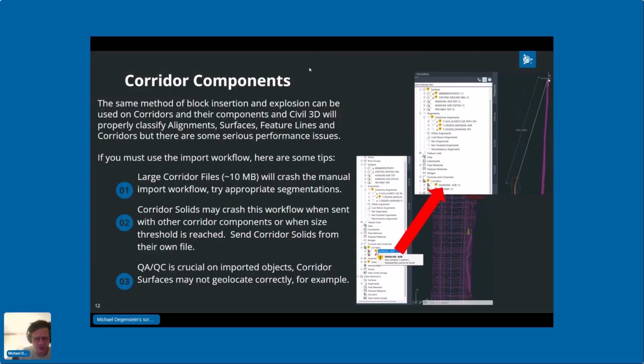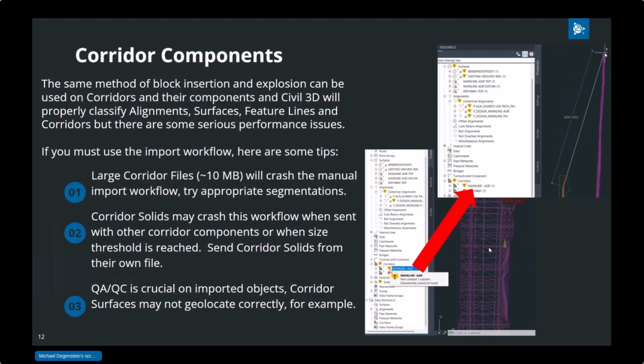And QA/QC is crucial on imported objects. As you can see here on the right-hand side, I don't know, Stefan, we may want to zoom in on this one. I have a corridor and a corridor surface, and then when I insert it back into Civil 3D into a blank file, I see that my corridor surface has been geolocated incorrectly.